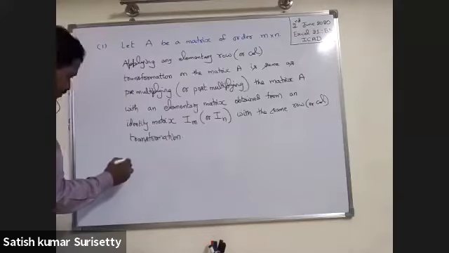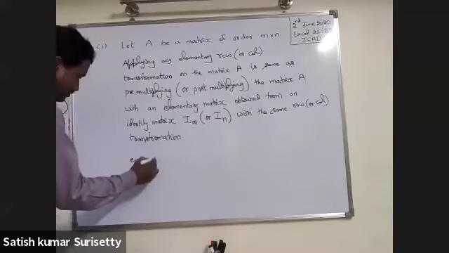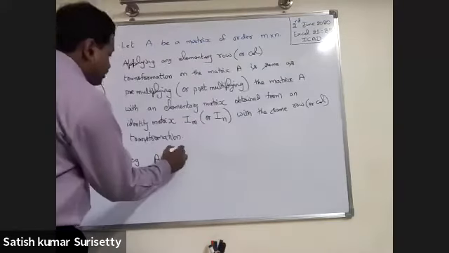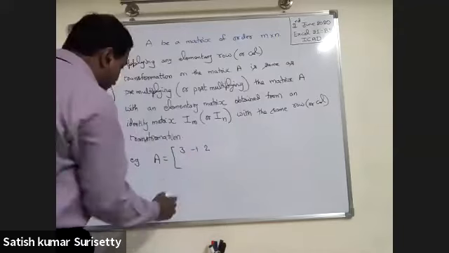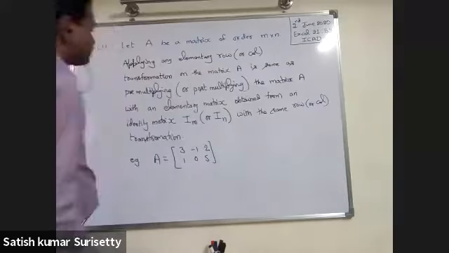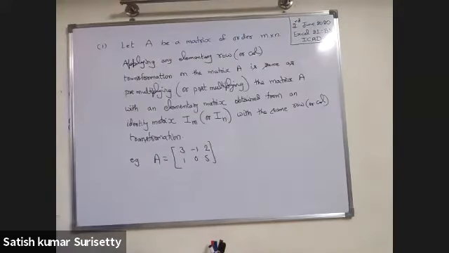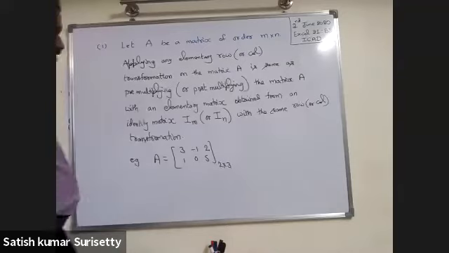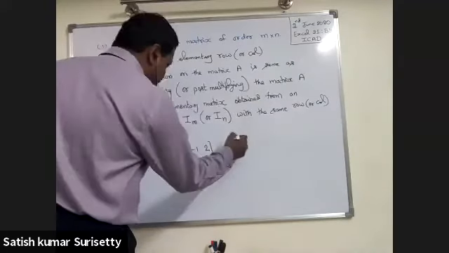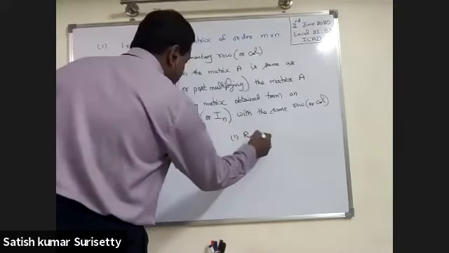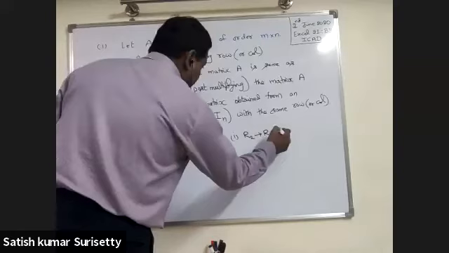Let us take an example. A equal to [3 -1 2; 1 0 5]. What is the order here? 2 by 3. Let us apply the operation R2 to R2 minus R1.